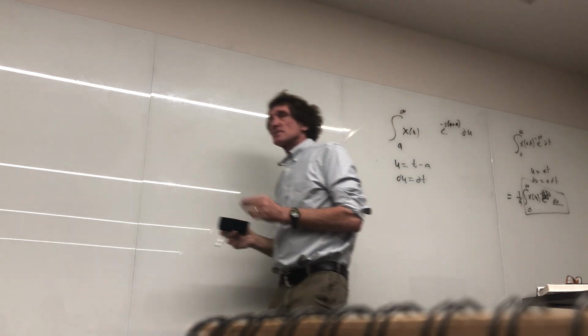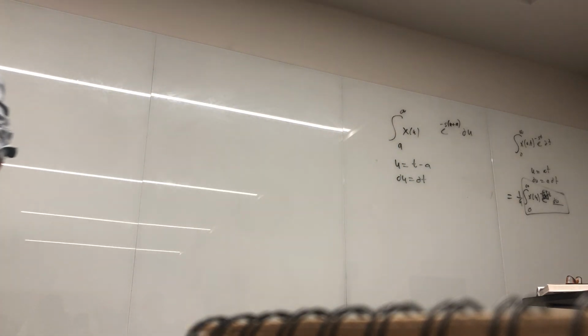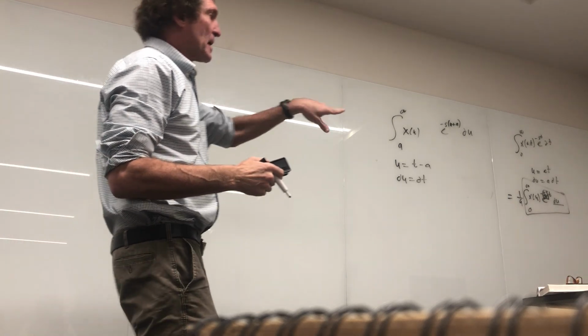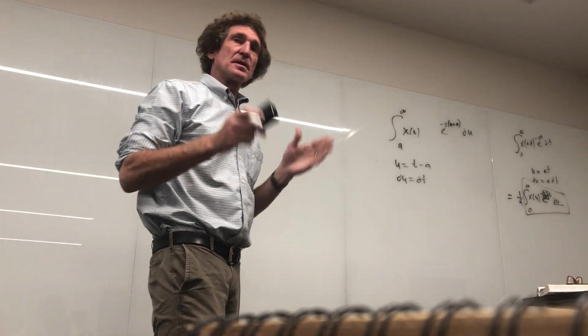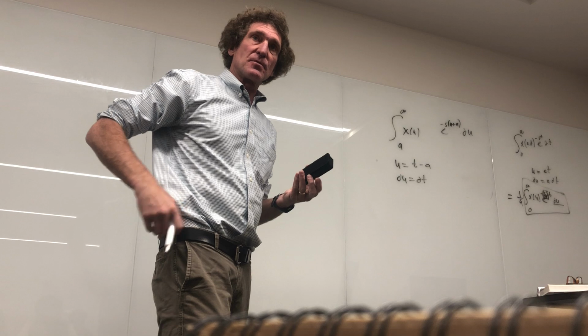You can all see that it's just a straightforward matter. Yes? When you did the other one, wouldn't t be u divided by a? It is. I took 1 over a in front. I had it in there, but I moved that out in front so you could see the clear definition of the Laplace transform by itself.